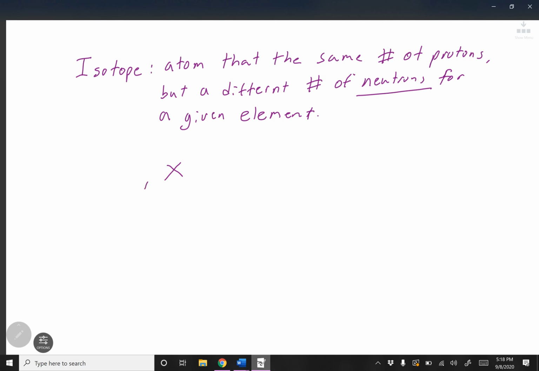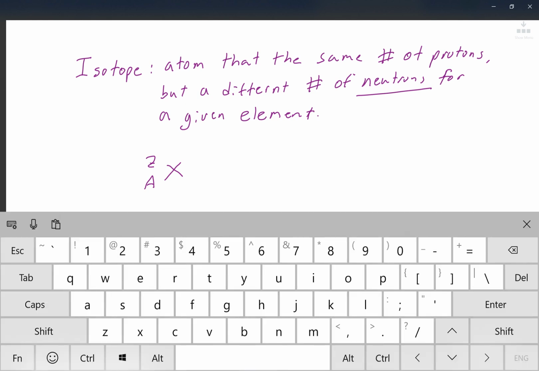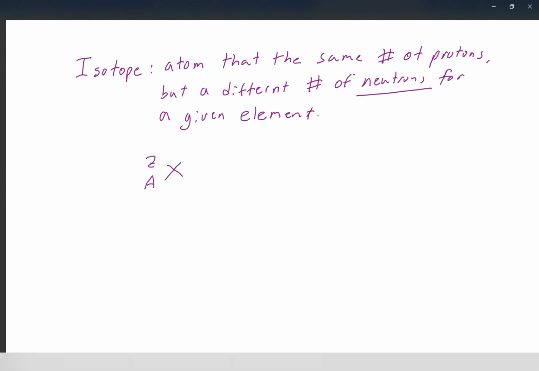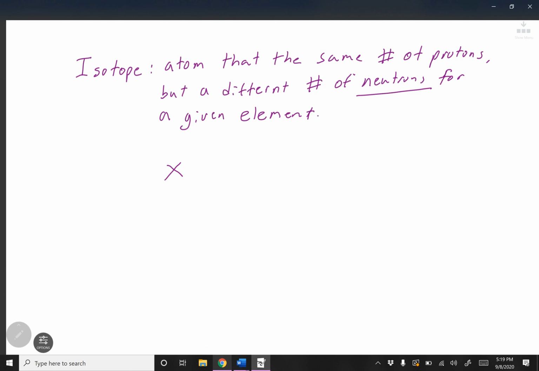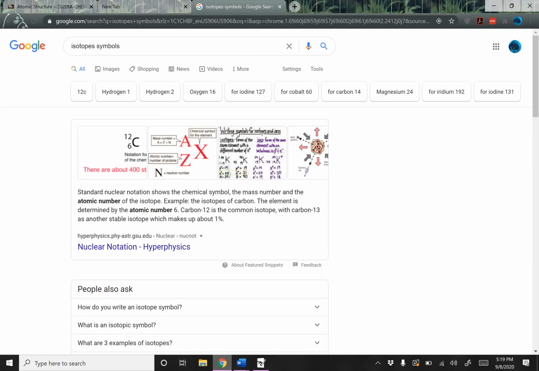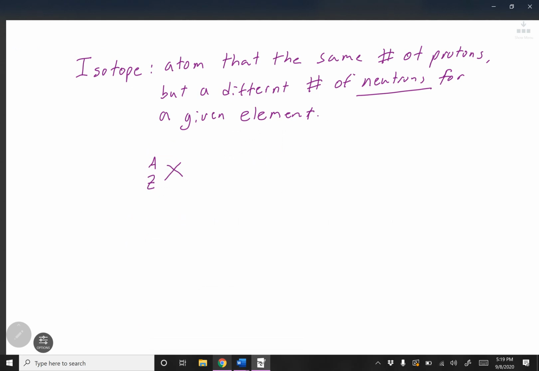Okay, so we have A being our atomic number, Z being our mass number. Sorry, I actually gave those backwards. Okay, so A will be our mass number, Z will be our atomic number. Just wanted to make sure that I use the standard symbols. Doesn't really matter, but I wanted to use the standard symbols.